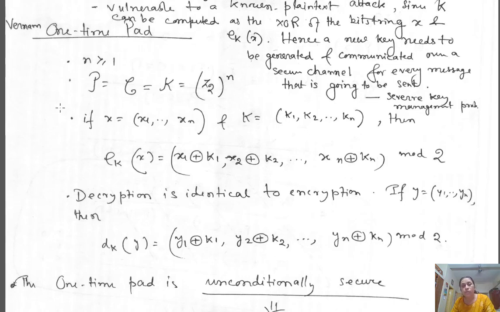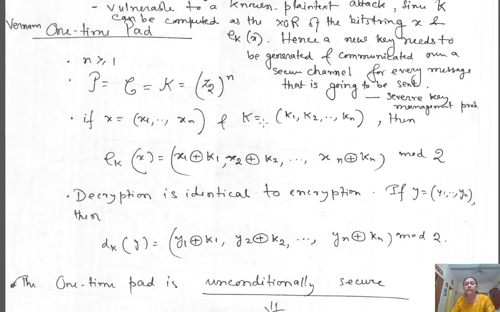The ciphertext is public. If an adversary knows a plain text, a known plain text attack, and the corresponding ciphertext, he can simply XOR the plain text and the ciphertext component-wise and recover the key, because x1 XOR k1 XOR x1 will give you k1. Similarly, xn XOR kn XOR xn will give you kn. So you can recover the key.